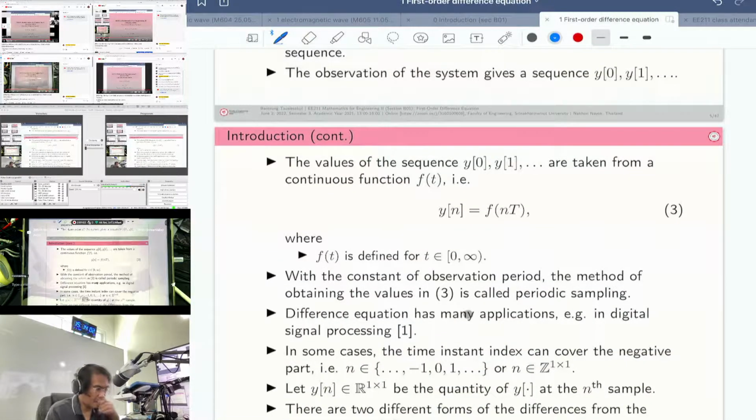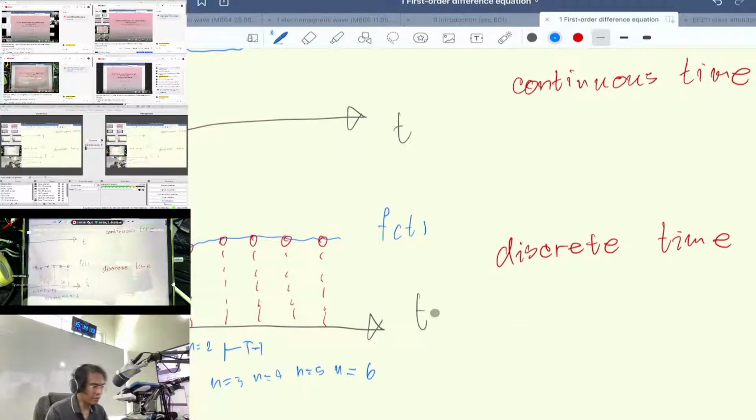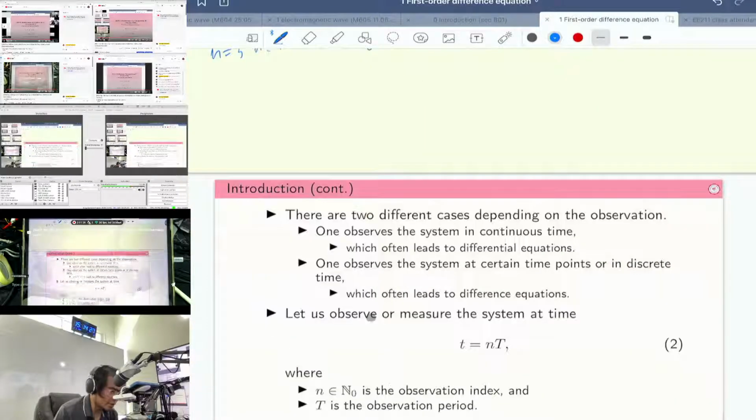Once we use the constant observation period, the method of obtaining the values is called periodic sampling. You can pick up this value for a single time, but if you change the time, it can be a different sequence.